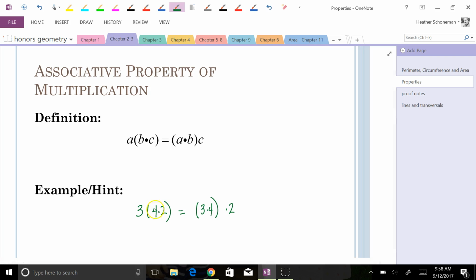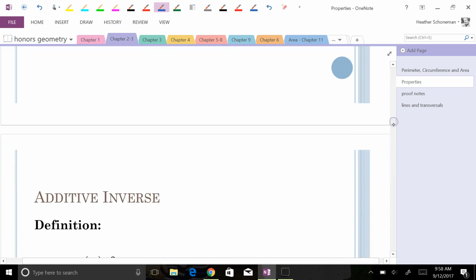Now notice the order is still the same, 3, 4, 2, 3, 4, 2. I haven't changed the order like the commutative property, I've changed the groups. In this parentheses I have a 4 and a 2, and in this parentheses I have a 3 and 4. That's indicating that I have changed the grouping, not the order.